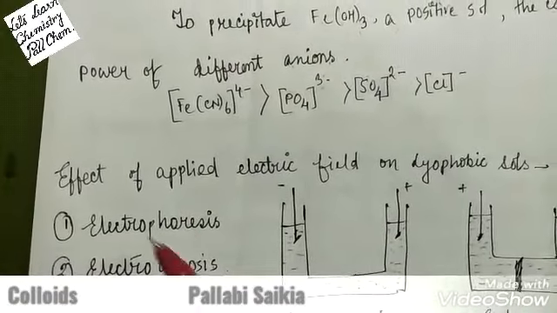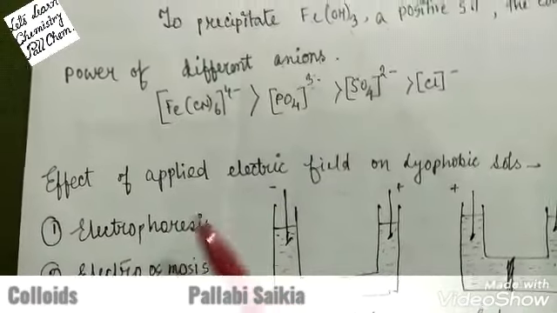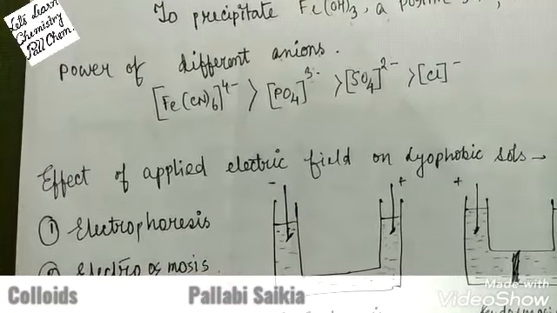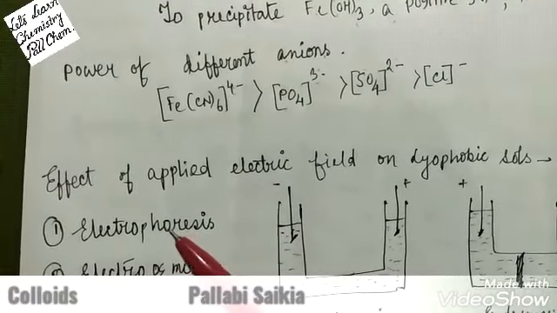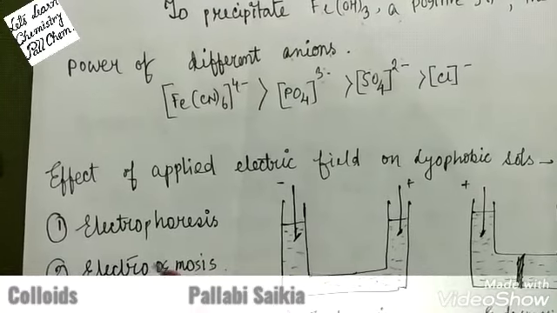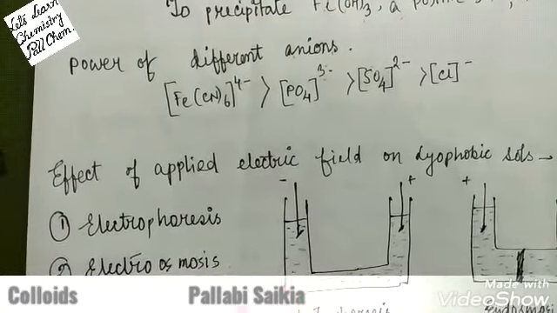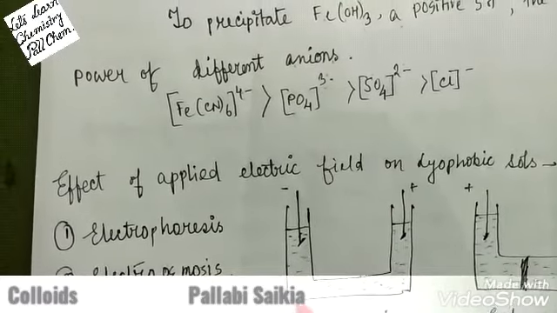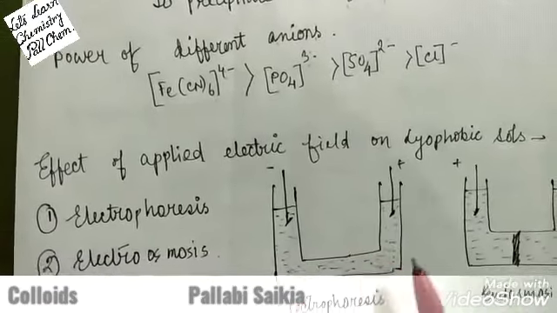The existence of charge in the colloidal particles can be explained by electrophoresis. Electrophoresis means the movement of colloidal particles towards the positive or negative electrode when placed under the influence of an electric field.